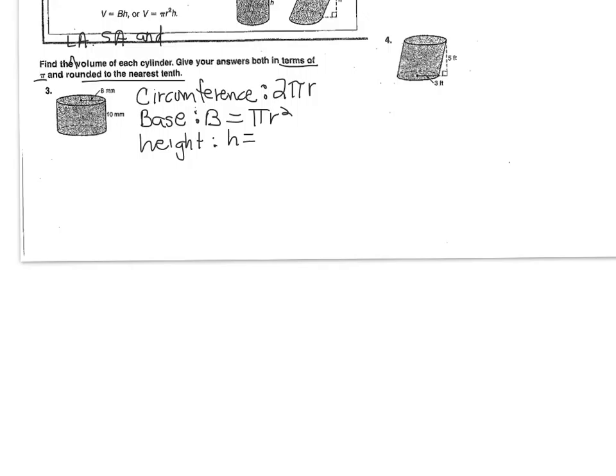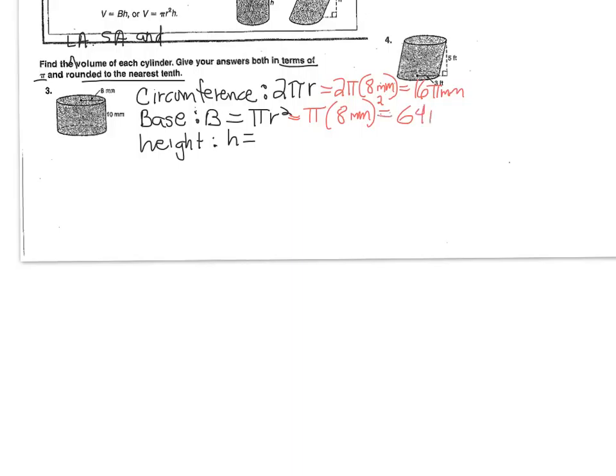So when I substitute the numbers, the circumference is 2 pi times the radius, which is, what's the radius? 8. When I simplify that, 2 times 8 is 16, isn't it? So it's 16 pi millimeters. For the area of the base, that would be pi times the radius 8 millimeters squared, that would be 64.